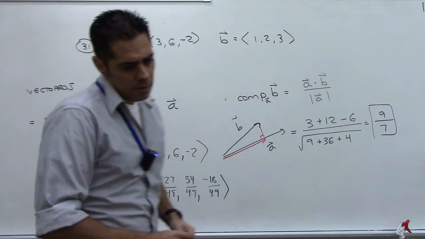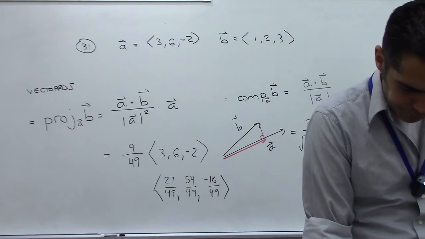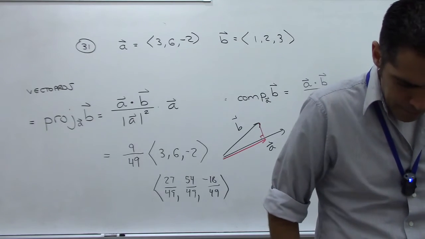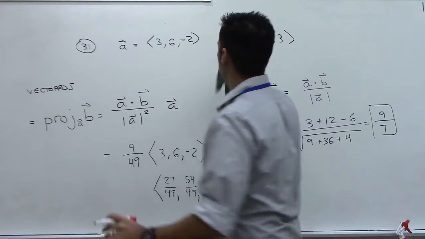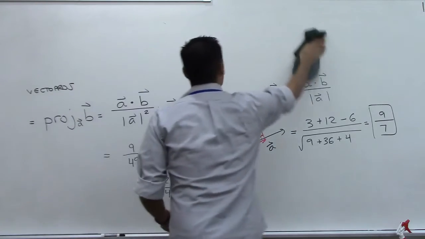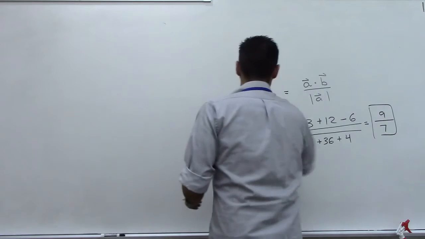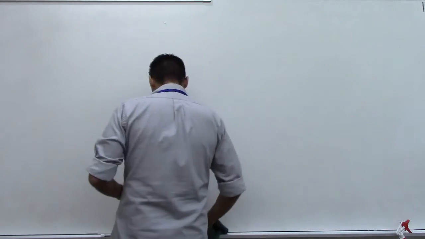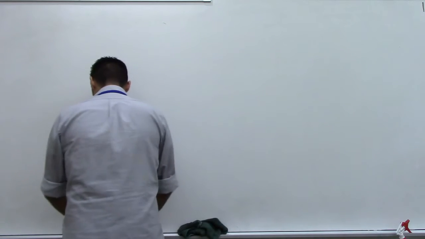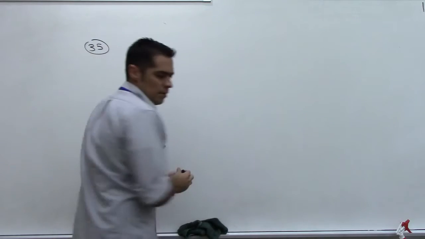All right, 31, what else? 35. All right, so 35 is a little bit weird. They give you a vector.